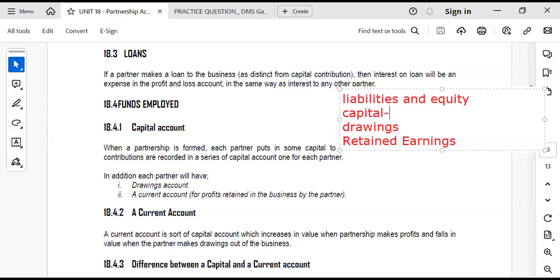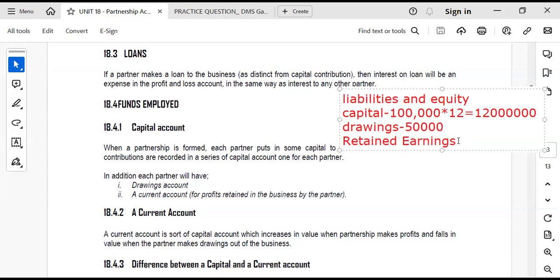So if it's our class, and we are now 12 people, and each one of us contributed 100,000, maybe we started our small chicken business, I will have to show that 100,000 12 times. I'll show the name. Of course, at the end of the day, our business is worth 1.2 million, but I have to break it down and show that. In case there are drawings and maybe Faith picked the 50,000, I'll show that we had drawings of 50,000. And in case we have any retained earnings, we will show that there.